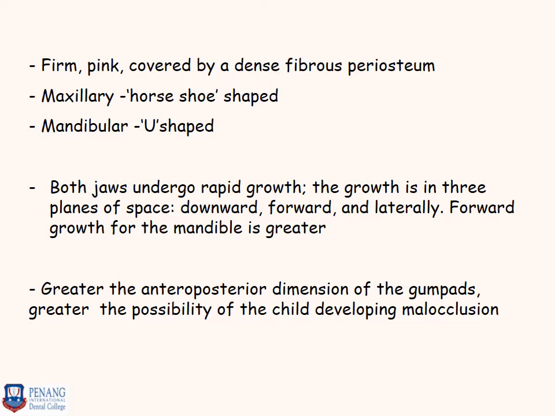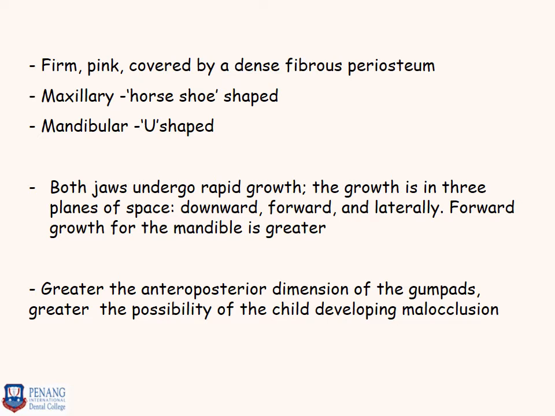From when the child is born till the time the first tooth erupts, there is rapid growth occurring. The growth occurs not only in one plane but in three planes. That is, growth occurs in the downward motion, the forward motion and lateral motion.